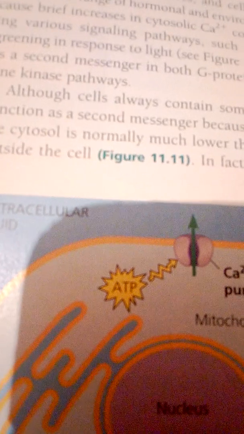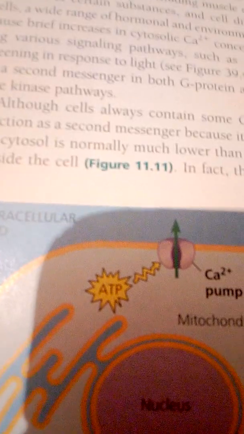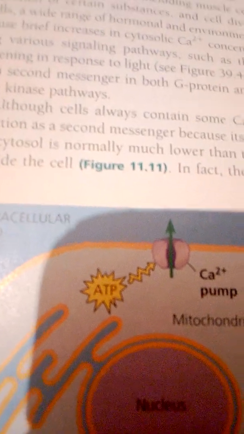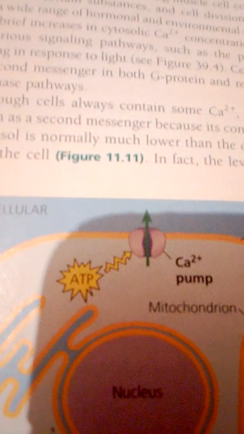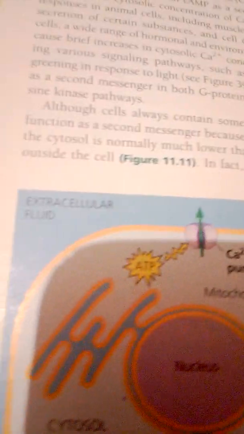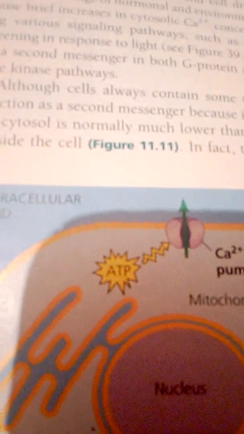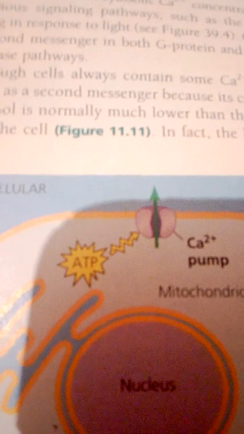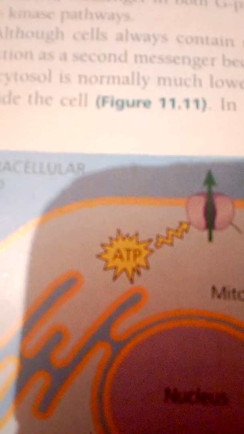Under the trade name Viagra, this compound is now widely used as a treatment for erectile dysfunction. Viagra causes dilatation of blood vessels, which allows increased blood flow to the penis, optimizing physiological conditions for penile erections. Okay, thanks for listening.